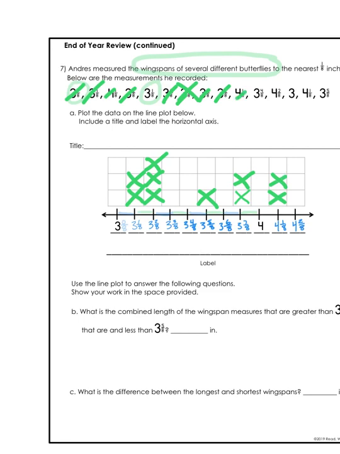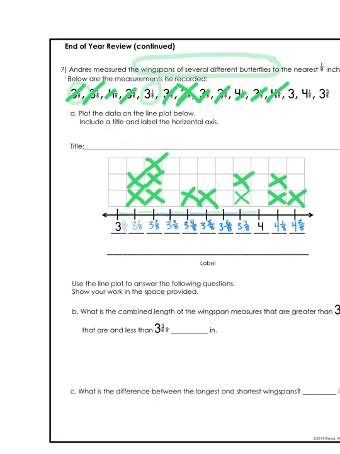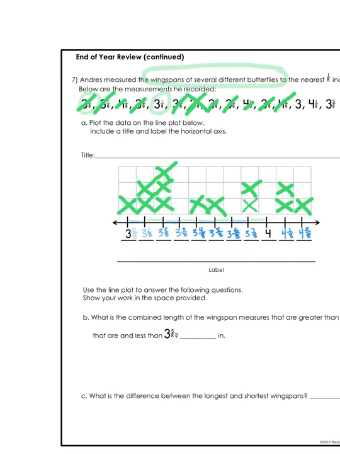I'll lose track if I don't do it. So now, as this graph starts to fill out, you're going to start to see some trends. You're going to see some numbers ranked measurements more than others.